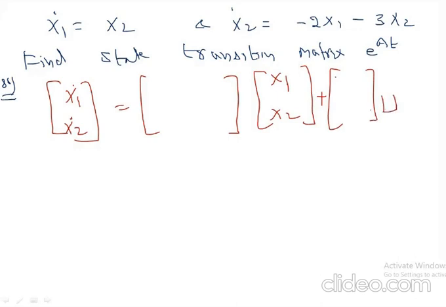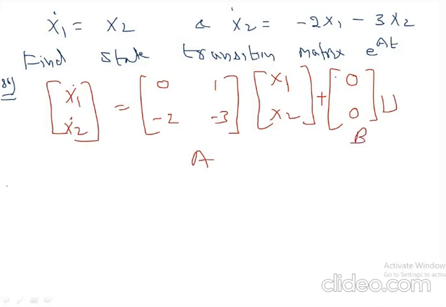If you observe, there are no input terms, hence the B matrix will be 0. And x1 dot is equal to x2. So the matrix is 0 1 in the first row and minus 2, minus 3 in the second row. This is your A matrix and this is your B matrix.